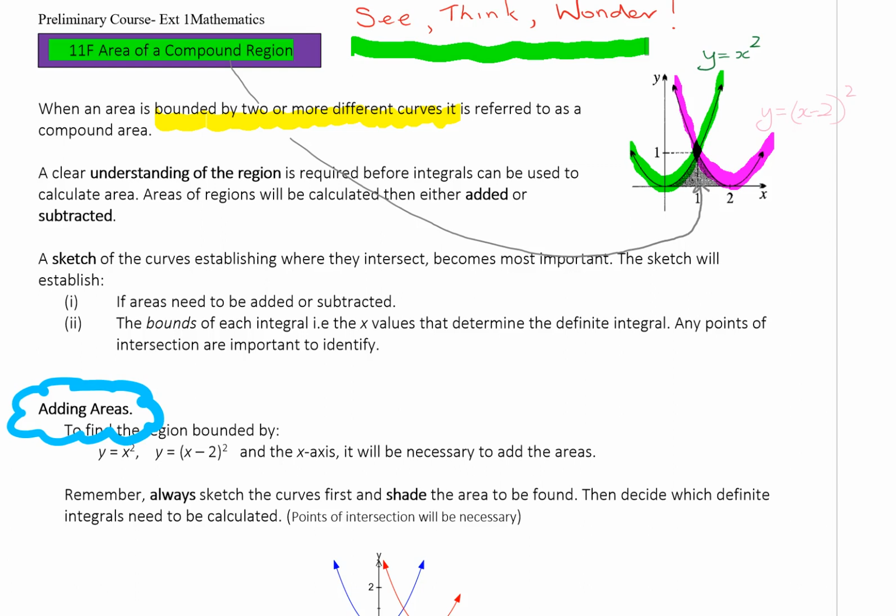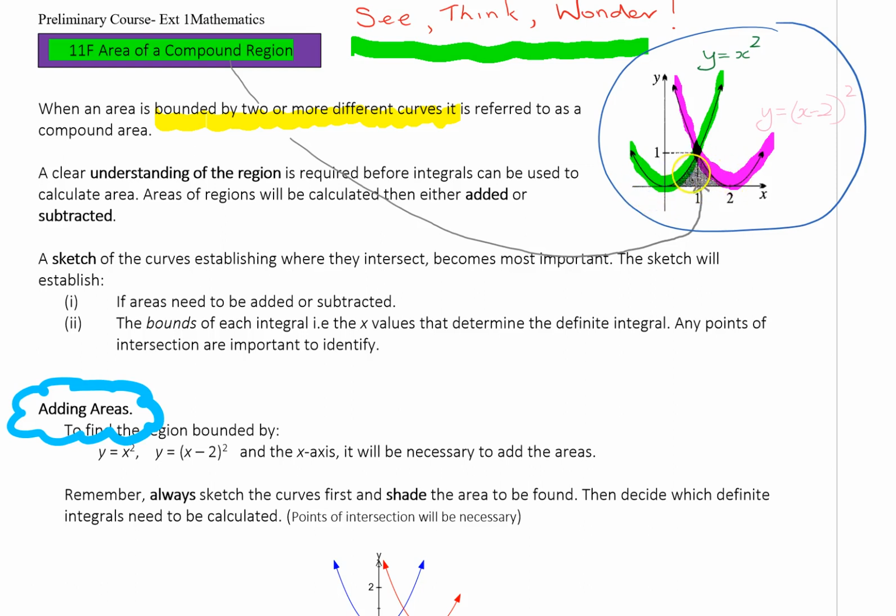So exercise 11F is talking about the area of compound regions. Now, we have an example here of a compound region. In this diagram, this grey shaded area is what I would refer to as a compound region. It exists under two different curves.